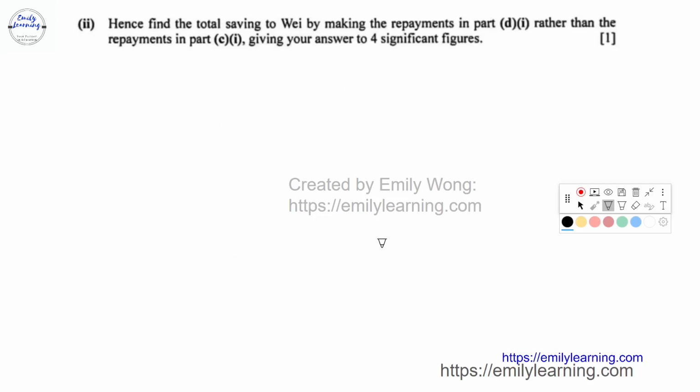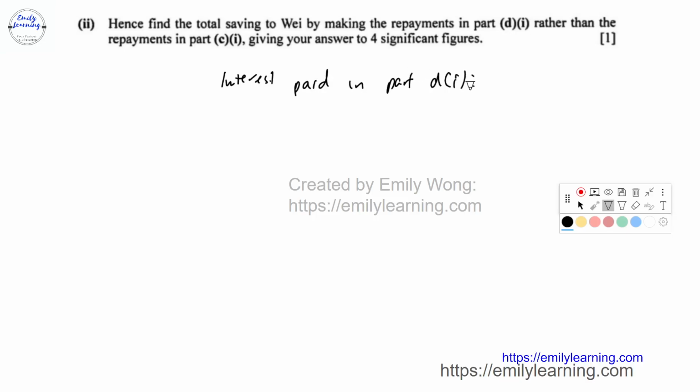Okay, next, hence find the total savings to Wei by making the repayment in part D1 rather than the repayment in part C1. Okay, so in order to do this, let's find out how much interest Wei paid in part D1.